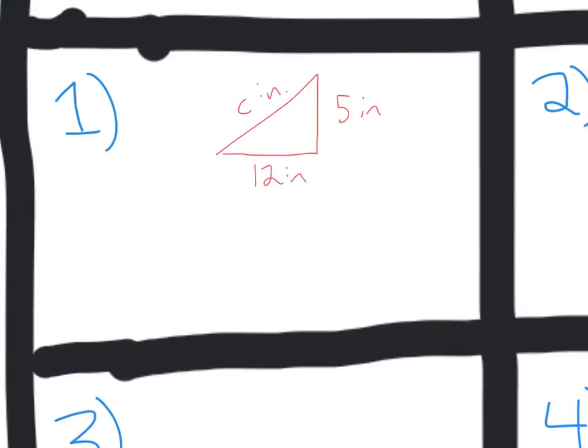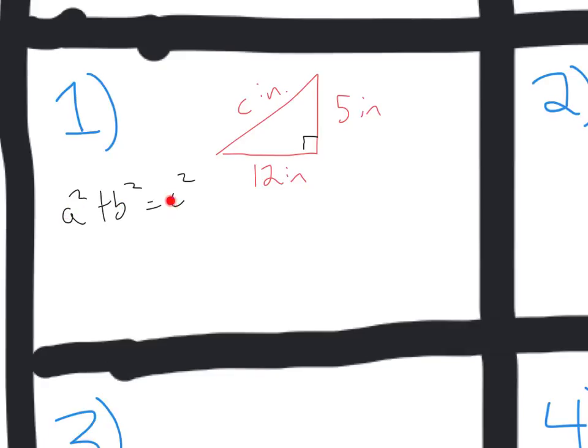So remember the formula is a squared plus b squared equals c squared, where a is a leg, b is a leg, and c is your hypotenuse. So go ahead and just plug in this information that they give you, a, b, c. I can label that, a, b, and that's my c. Go ahead and plug that in to your formula.